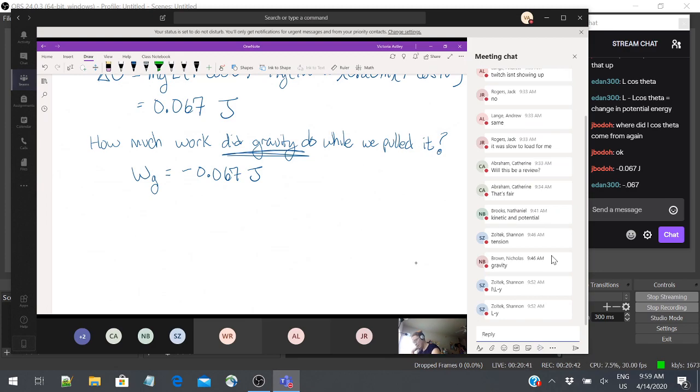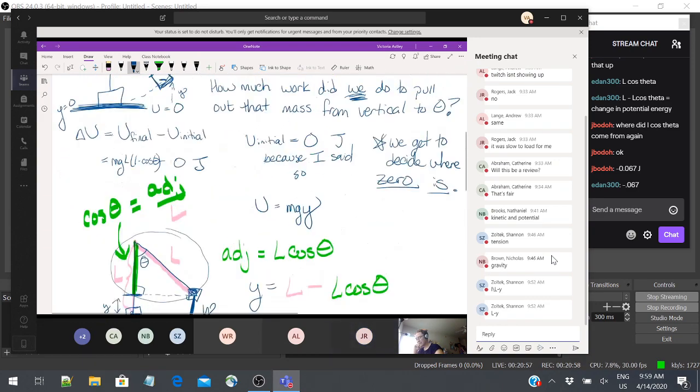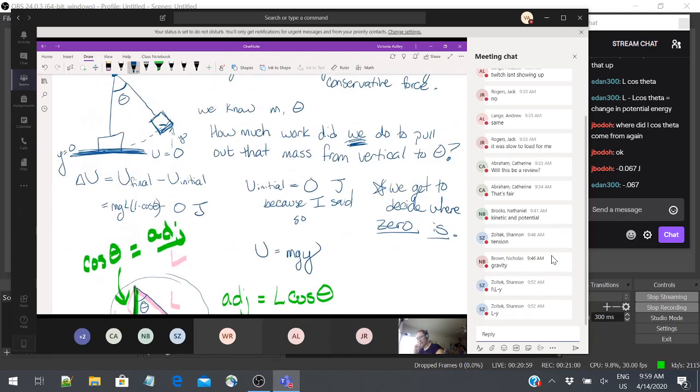Okay. Sort of a pointless diagram right there. How much work did we do? So that was our original question. How much work did we do to pull that mass out?